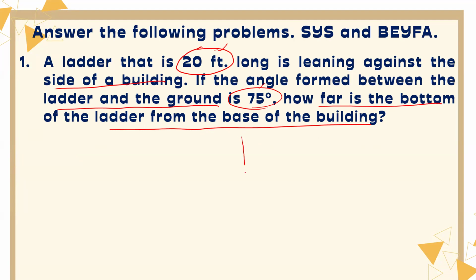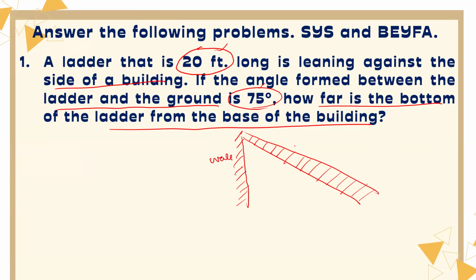Okay, so let's say we have a building. Let's say this is the wall of the building. And then you have a ladder that is leaning on the side of the building, on this wall of the building. Okay, so let's say this is our ladder and this is the wall.